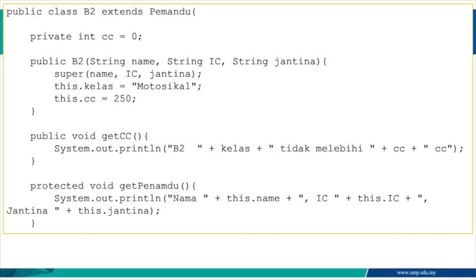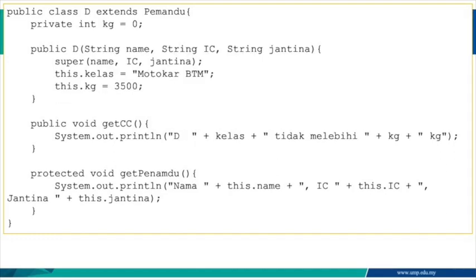So okay, and then let's move on to another class. Here we have the class D. Class D is also a child class, it extends from the Pemandu class, which is the parent class. This class is for car.